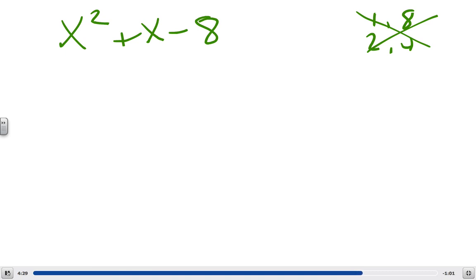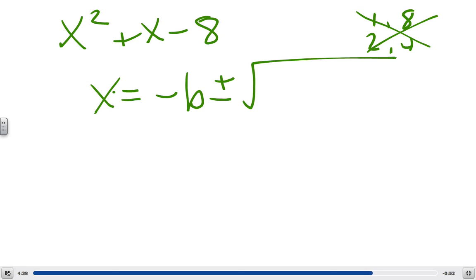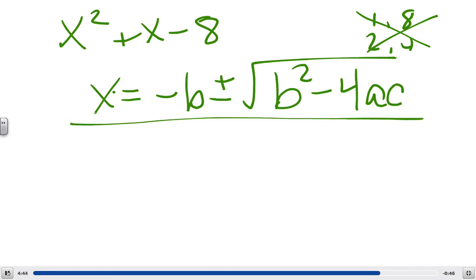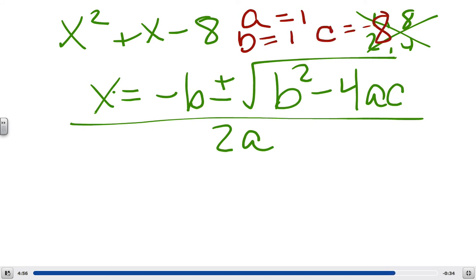Remember, the quadratic formula is x is equal to negative b plus or minus the square root of b squared minus 4ac all over 2a. So when we look at our equation, we have that a is equal to 1, b is equal to 1, and c is equal to negative 8.